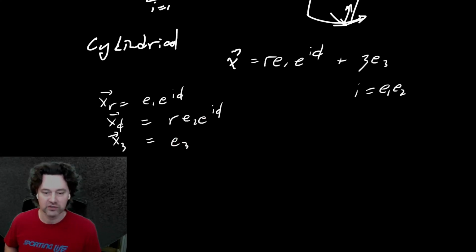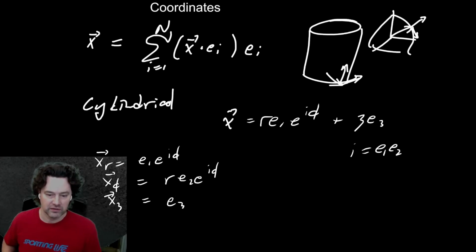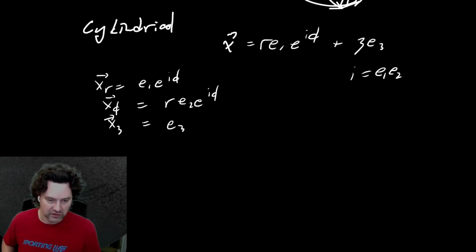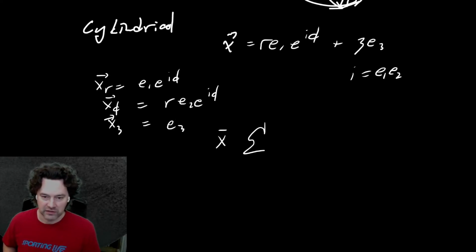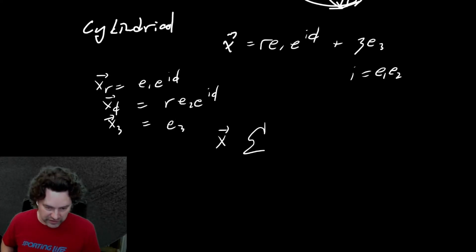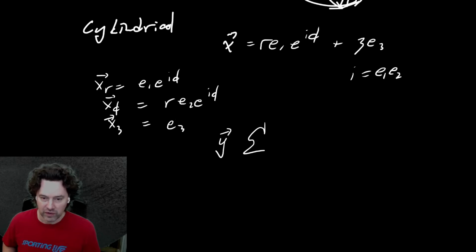So how do we generalize this to where we have orthogonal vectors that are not necessarily unit vectors? That's pretty clear how to do it. Instead of x, which is our parameter, let's say we have an arbitrary vector y, and we want to look at the components of y.